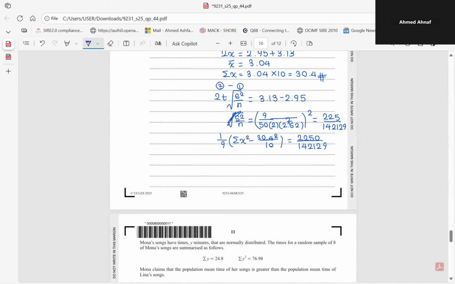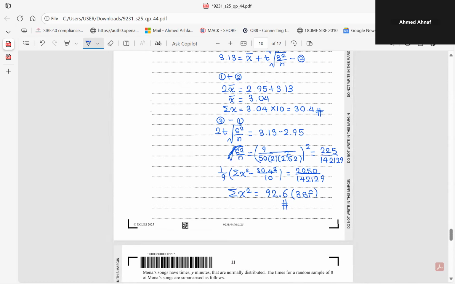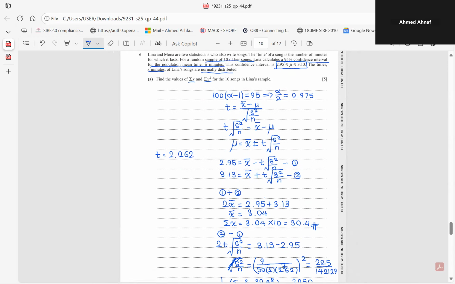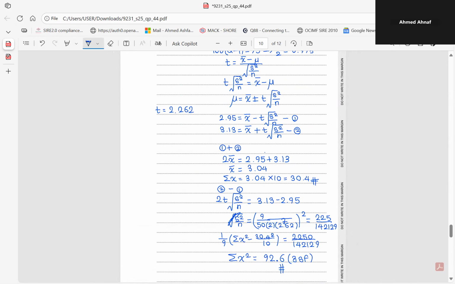After a lot of solving, which I'm not going to do here, times 9 plus 30.4 squared over 10, you would get 92.623 to 5 significant figures. So these are our final values for sigma x and sigma x squared.